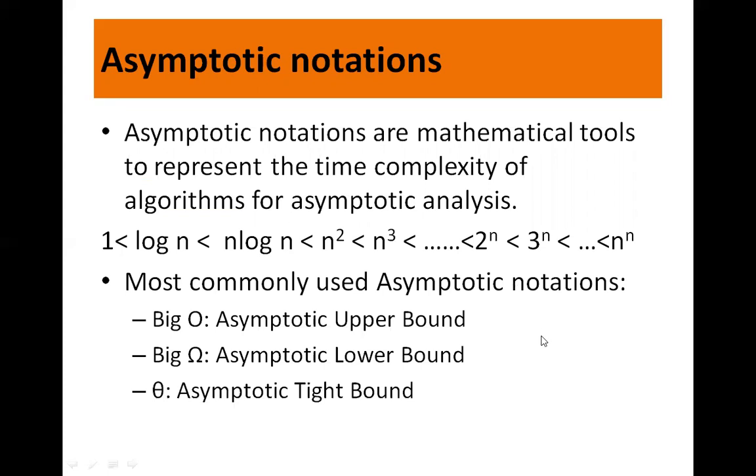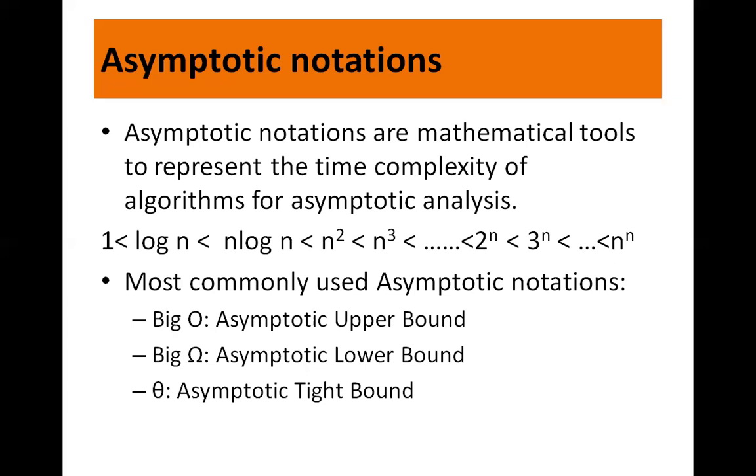The most commonly used asymptotic notations are big O notation, which gives you the asymptotic upper bound, big omega, which gives you the asymptotic lower bound, and big theta, which gives you the asymptotic tight bound. In the previous lecture, we spoke about best case, worst case, and average case.